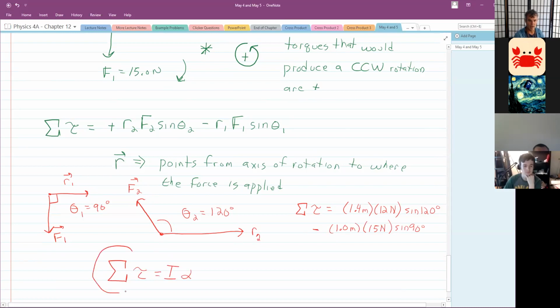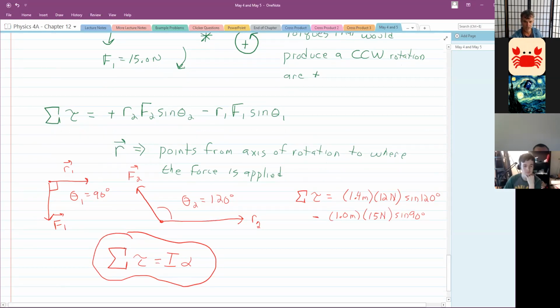Kind of like what we did with Newton's second law, you could start to combine Newton's second law and kinematics. I could use the sum of the forces on an object to determine the object's acceleration, and then use kinematics to figure out how fast the object is going, how far it's traveled, or its final speed.